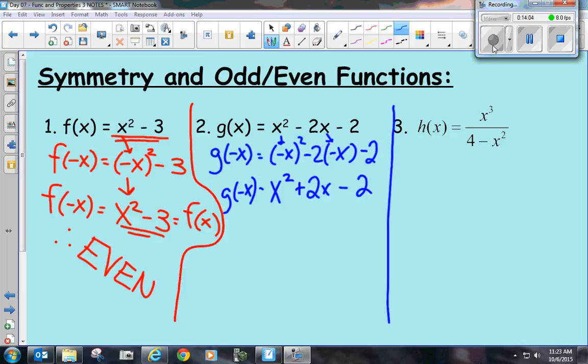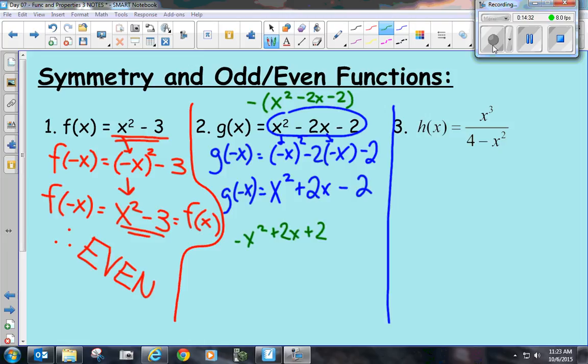Is that the same as what we started with? No, it is not. Is it the negation? No, because the negative at the end. If I were to negate this whole function, it would flip all the signs. The negation of that would be negative x squared plus 2x plus 2.